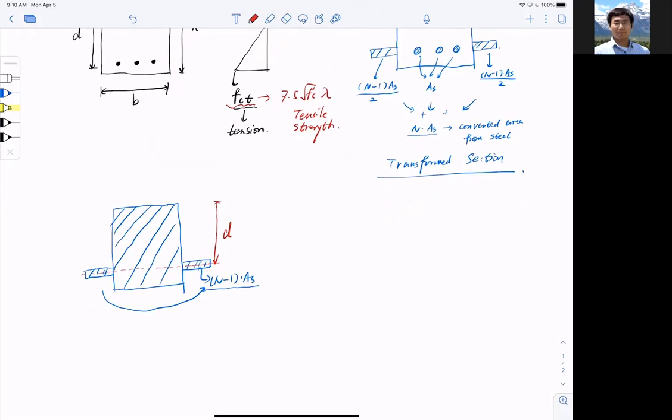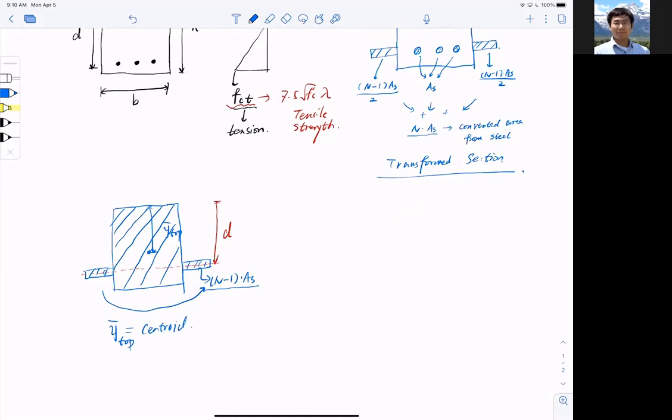So the centroid of the section, let's say, is y bar. It's going to sit a little bit lower than half h. I'm going to call it y bar top because it's with respect to the top line here.